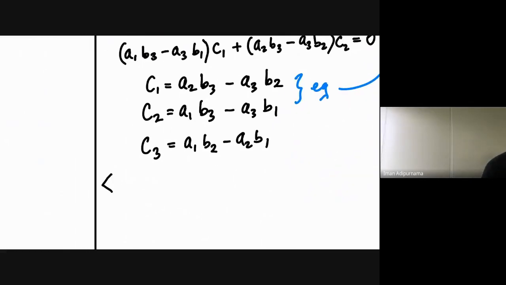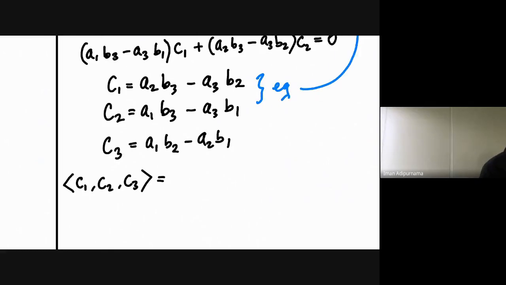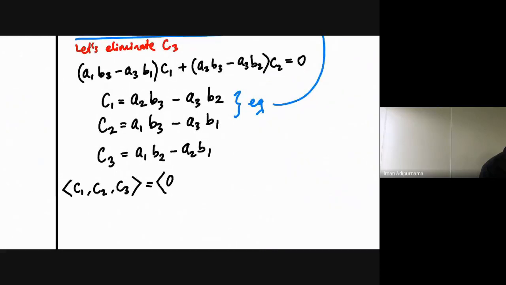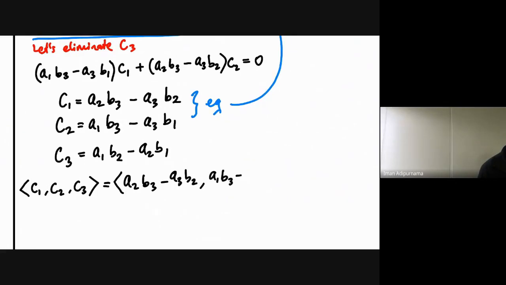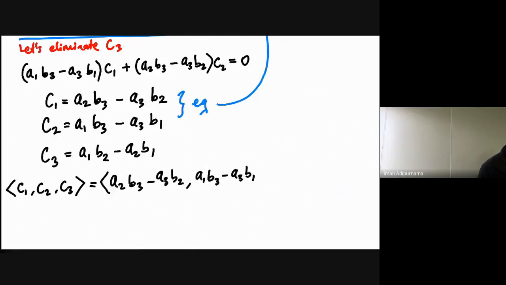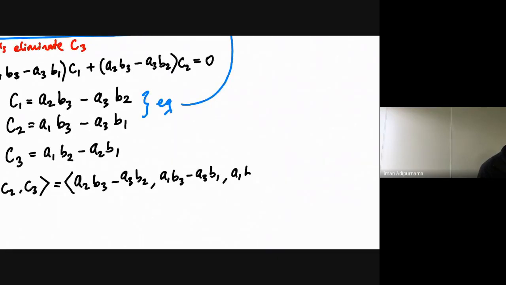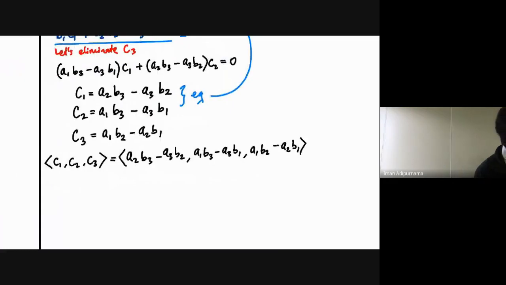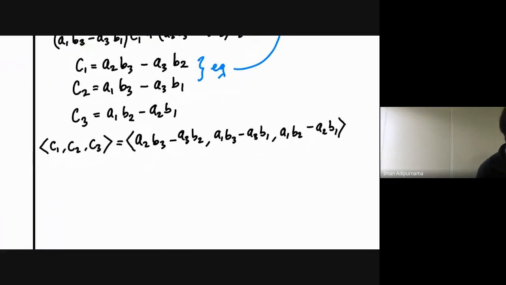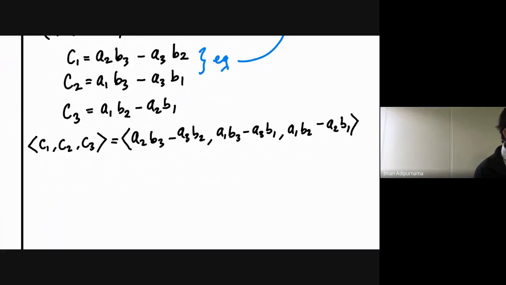Now we have C1, C2, C3 equal to that resulting vector after we substitute and eliminate.